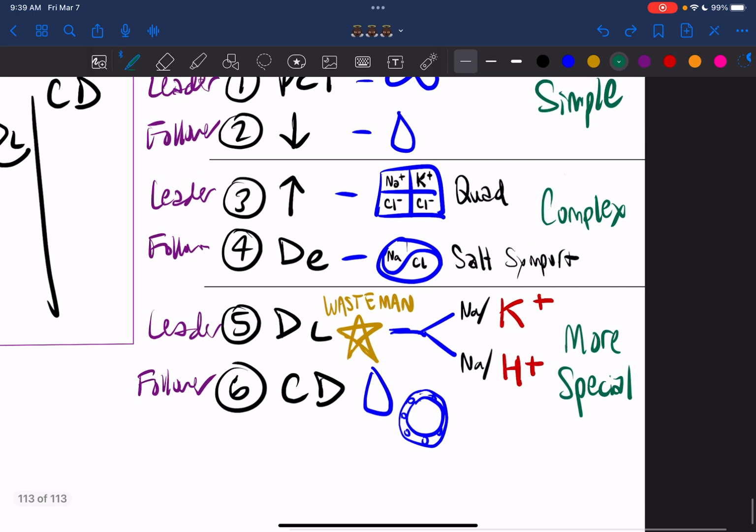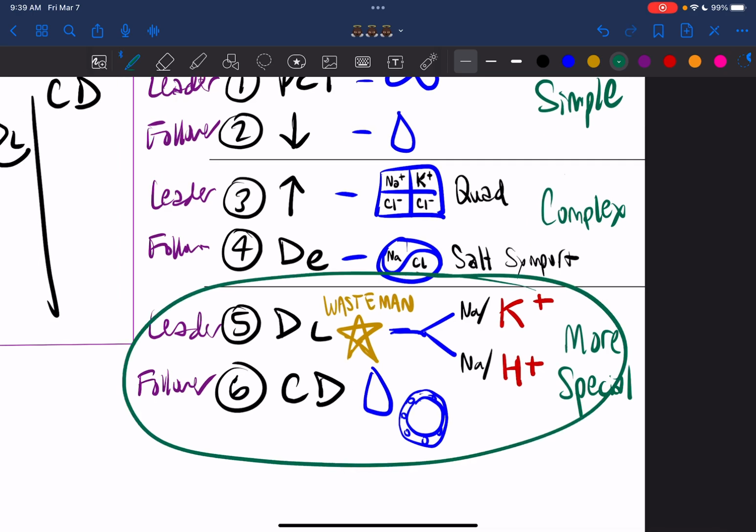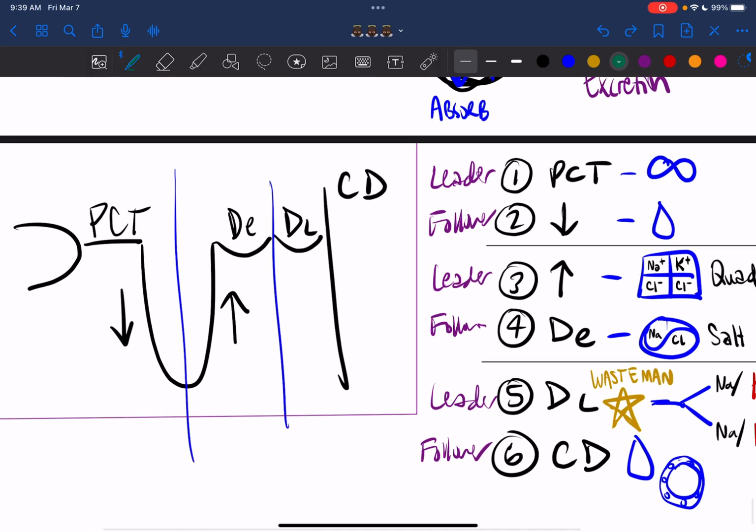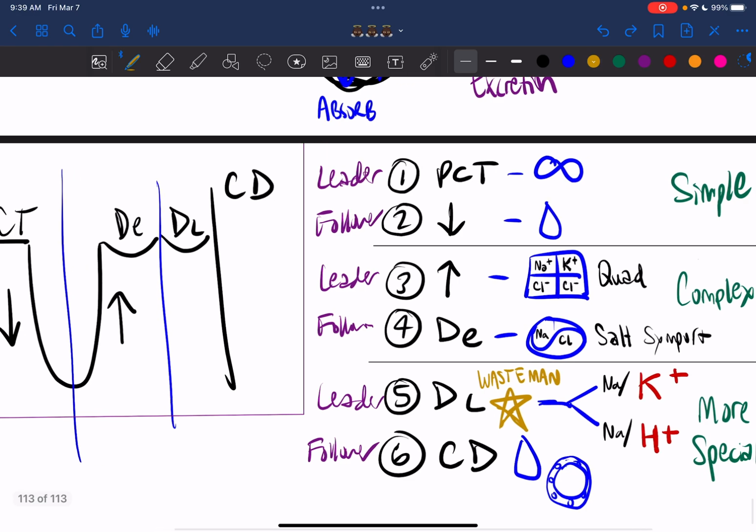So the other thing that's special about this last pair is that even though I split them up and our class splits them up into late distal and collecting duct, a lot of sources treat them as if they're the same thing. So a lot of sources will just call these two together the collecting duct, which can be kind of annoying. But the reason is because, let's say the wasteman is yellow, right?